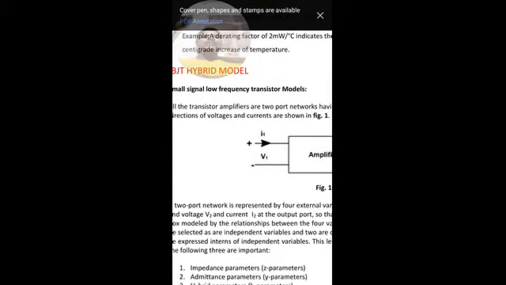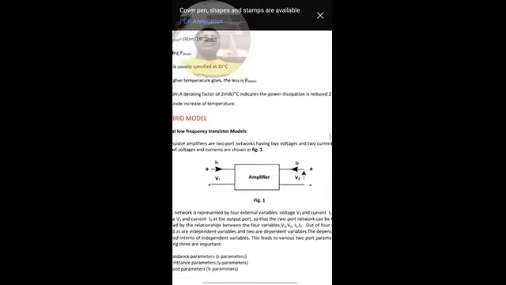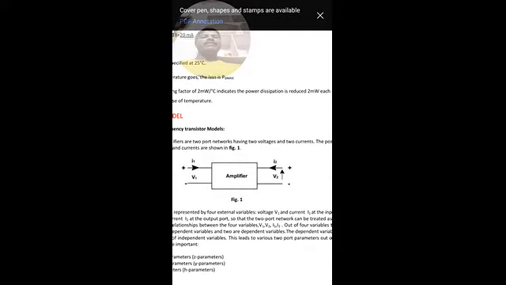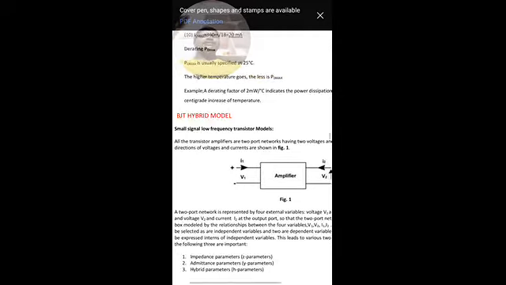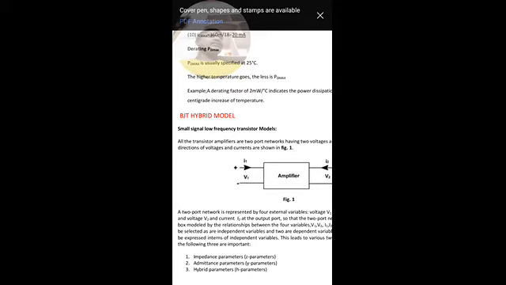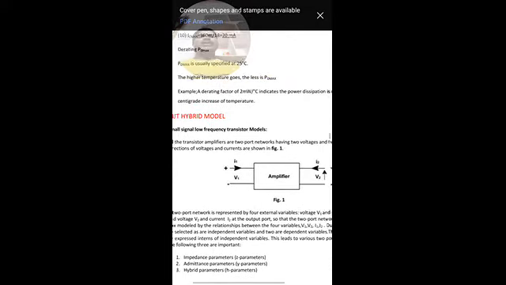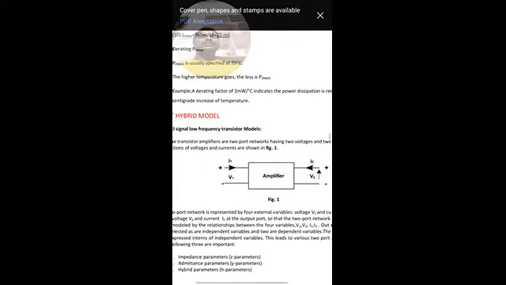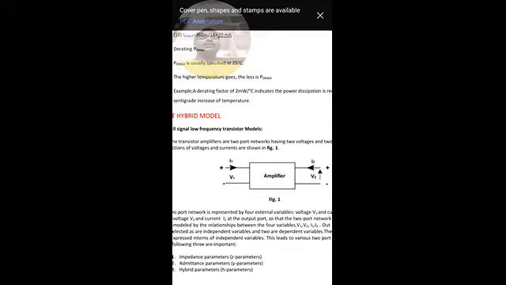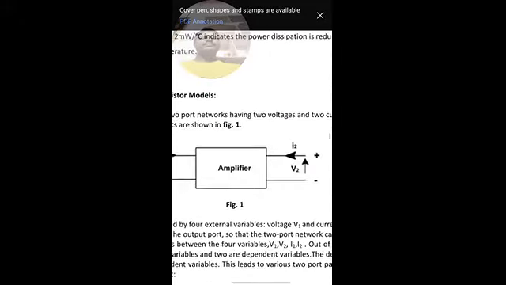All the transistor amplifiers are two-port networks having two voltages and two currents. Whether it is a CE, CB or CC amplifier, it has an input voltage and input current, and an output voltage and output current, and the directions of voltages and currents are like this.